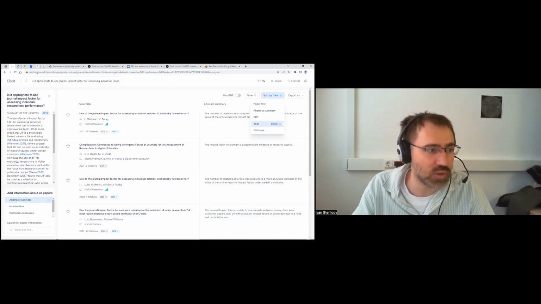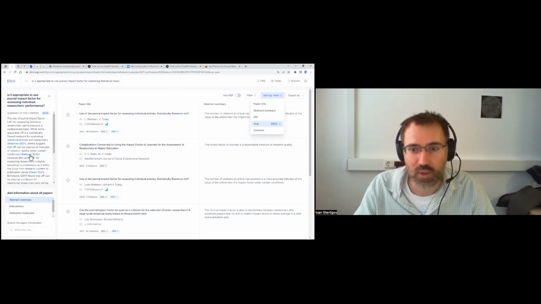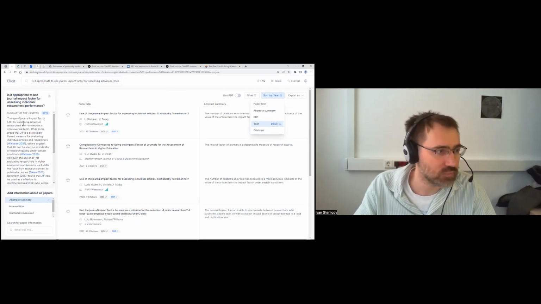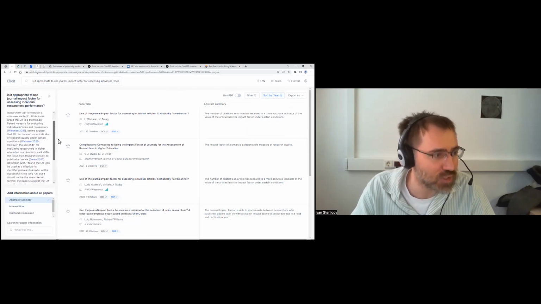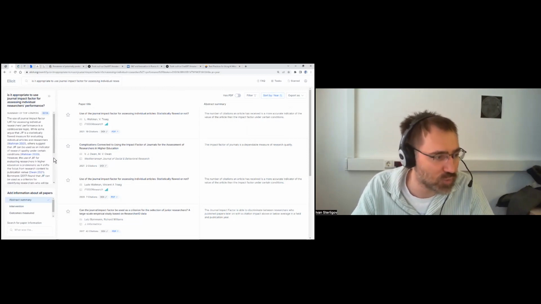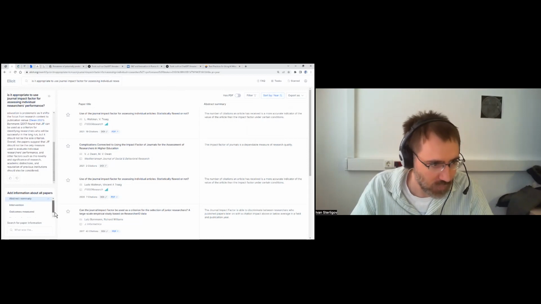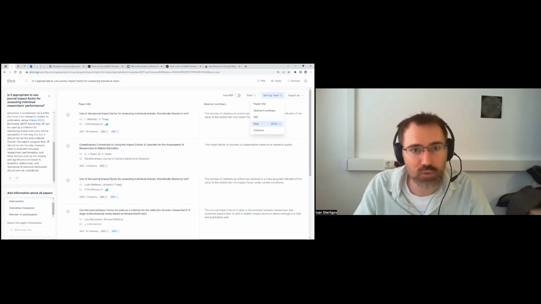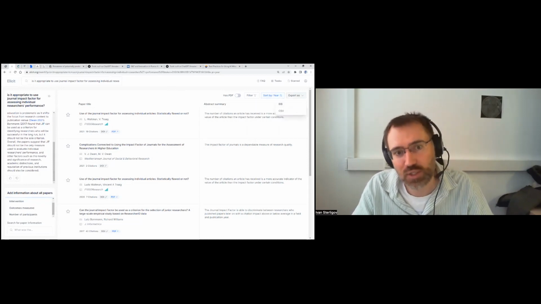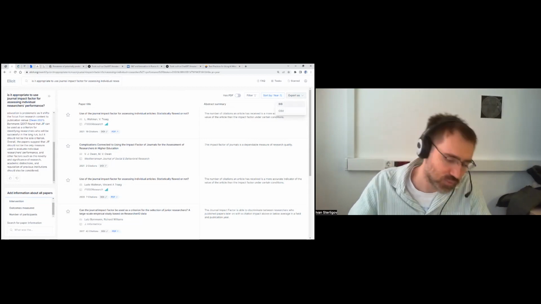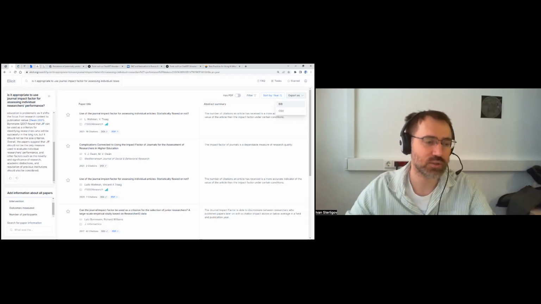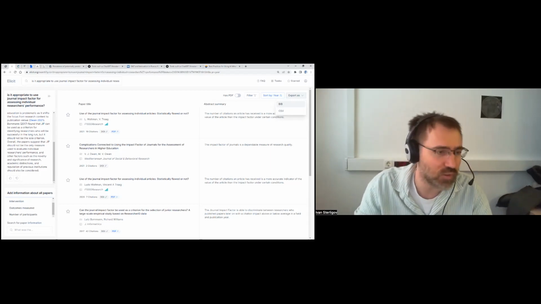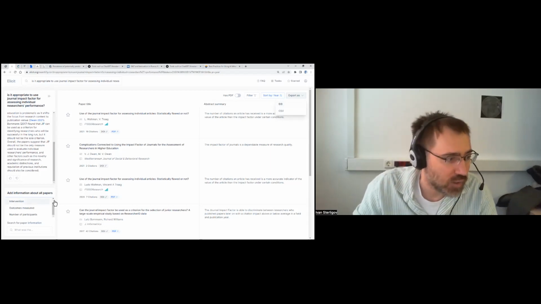And now we get the review of the state of the research in this area based on the recent literature with all the links provided. Here we can also export these citations into the formats appropriate for inserting in Zotero, Mendeley, or in your paper.